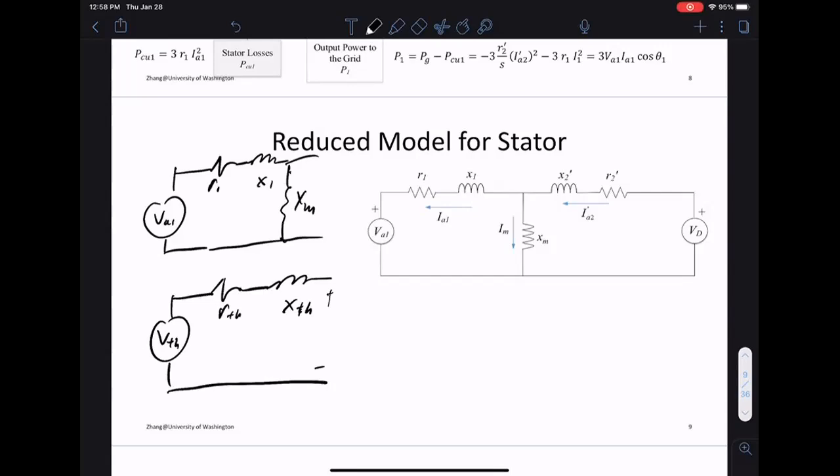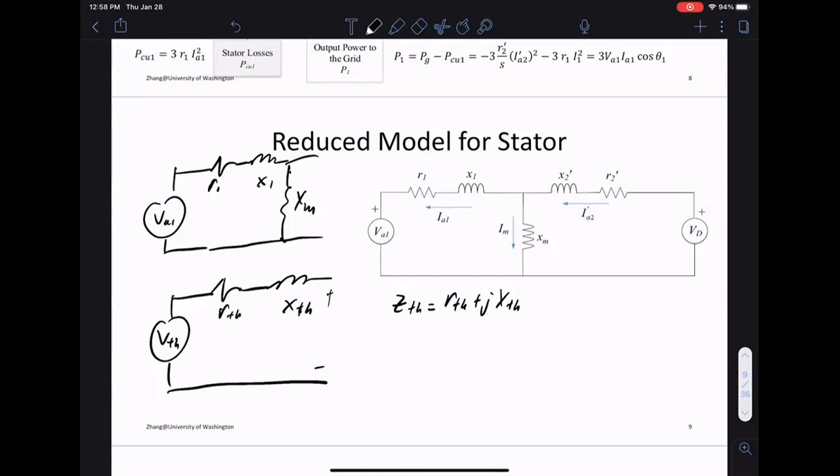Does anybody remember how to do the Thevenin equivalent? Like how do I find, for example, the impedance? I'm sure we all have heard of Thevenin equivalent before, but do you remember the formula? What is the assumption we make when we compute it?